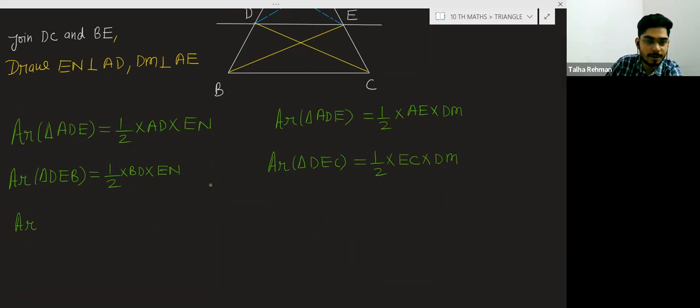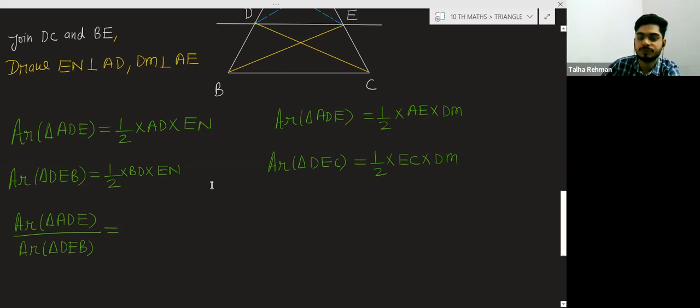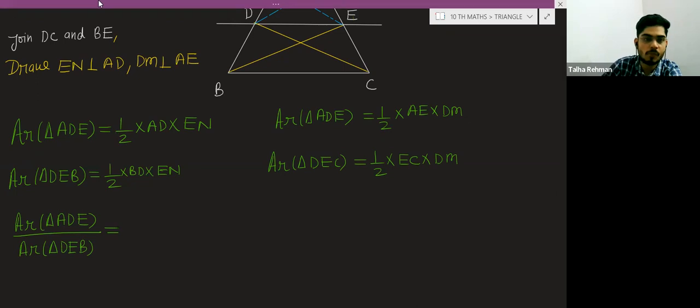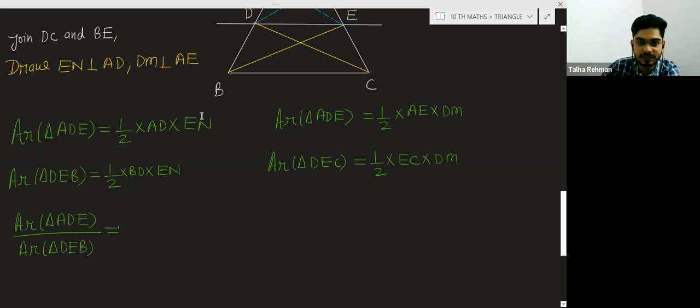Area of triangle ADE divided by area of triangle DEB is equal to, this half and half will be cancelled out, and this EN and EN will be cancelled out. Is it or not, Azaan?